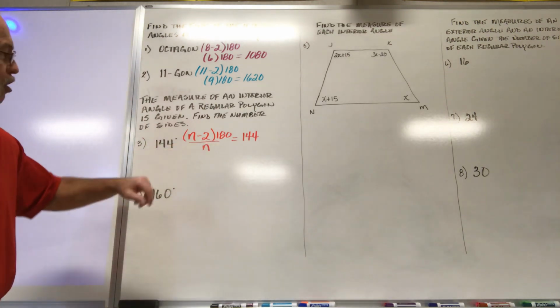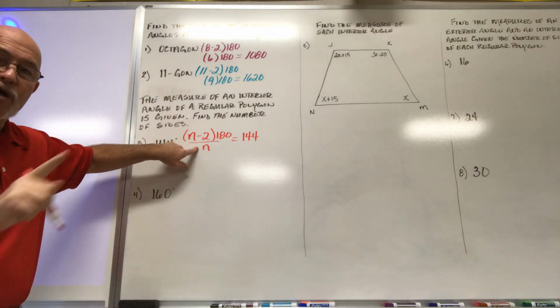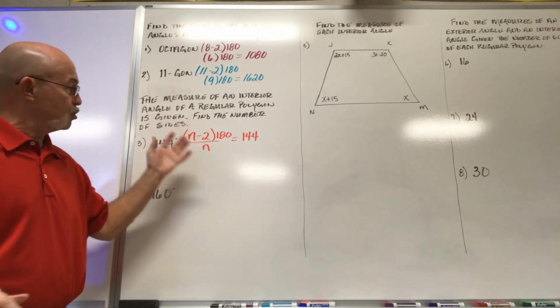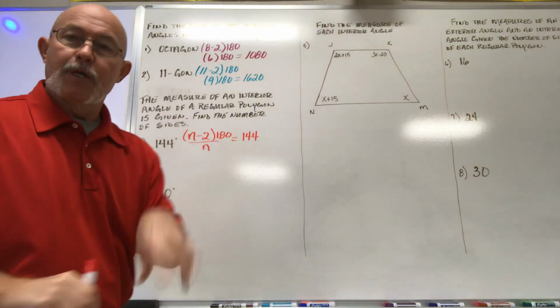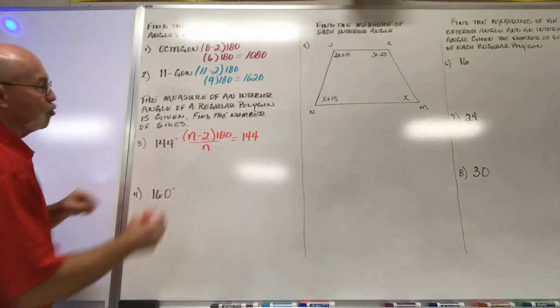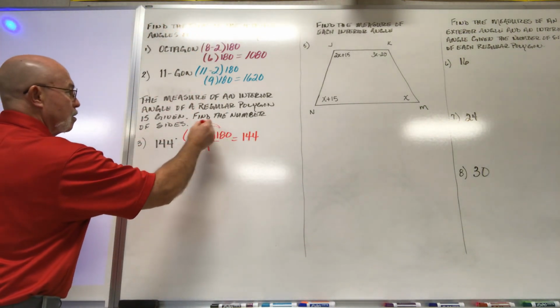So this is what it's going to look like. Remember we said if we want the individual, we've got to divide it again. So we're given the individual, so this is how we represent it. Clear the n by multiplying both sides. I'm also going to distribute here.